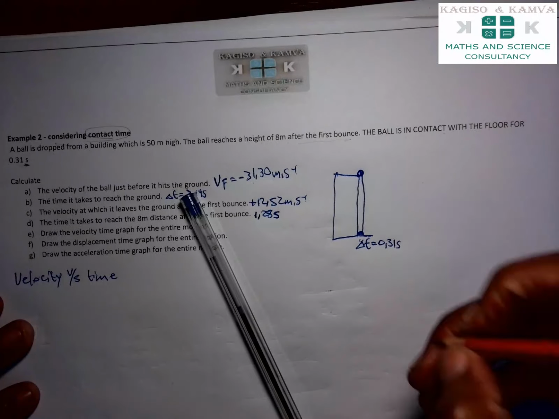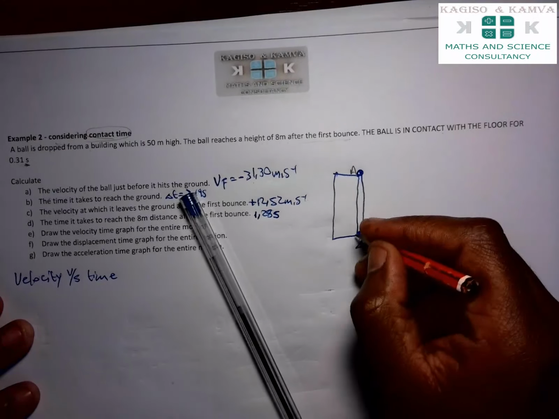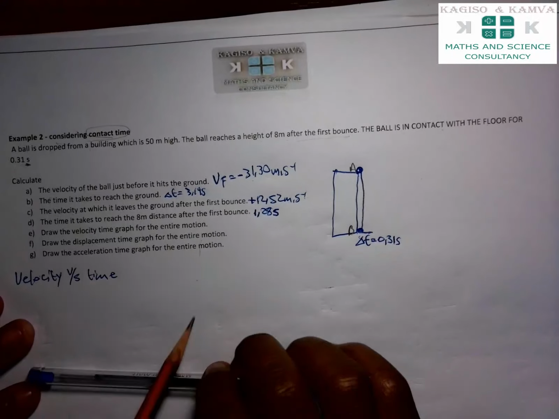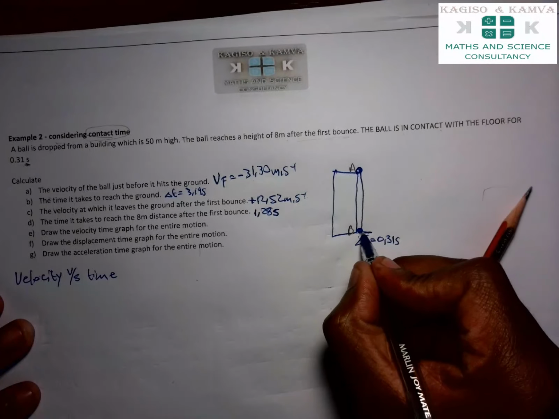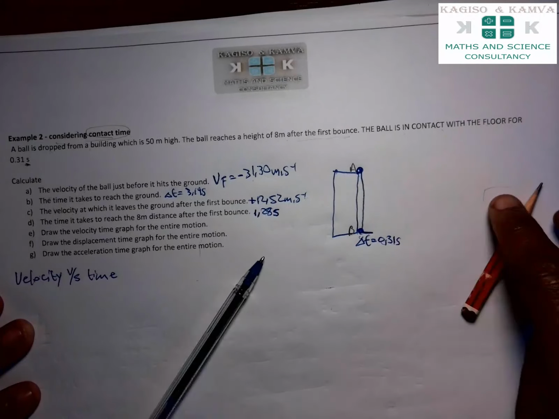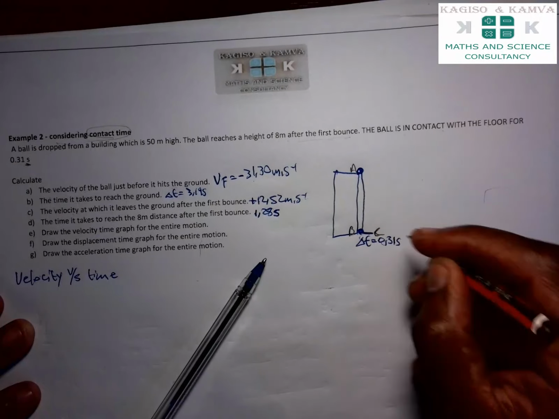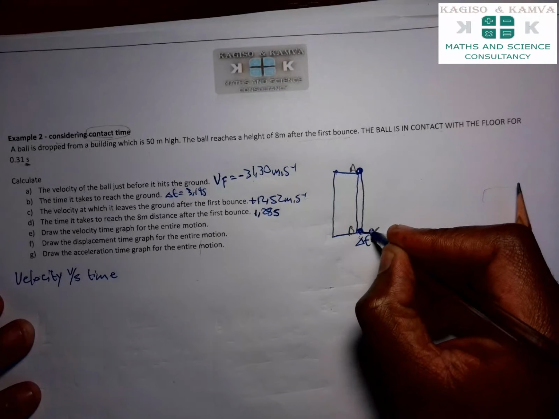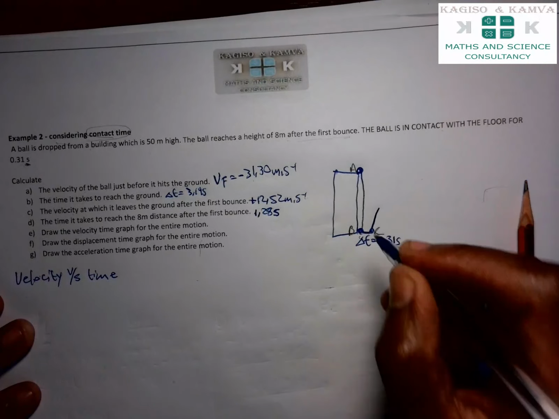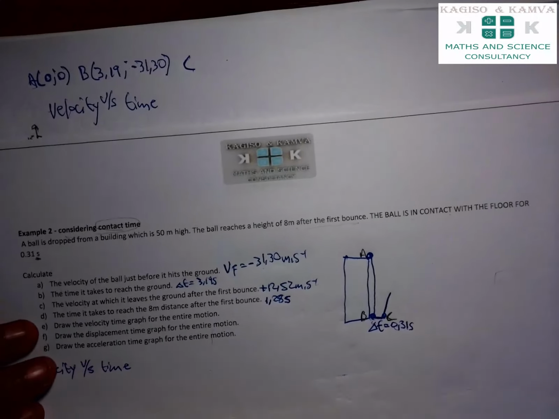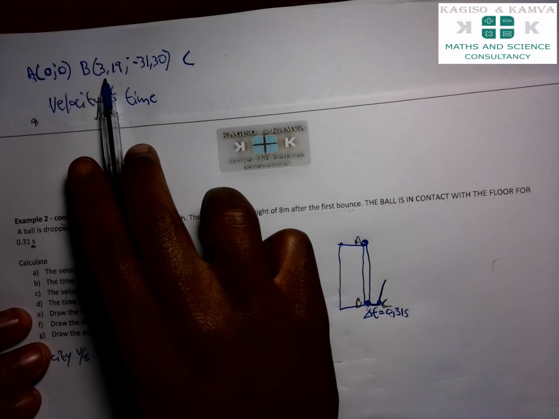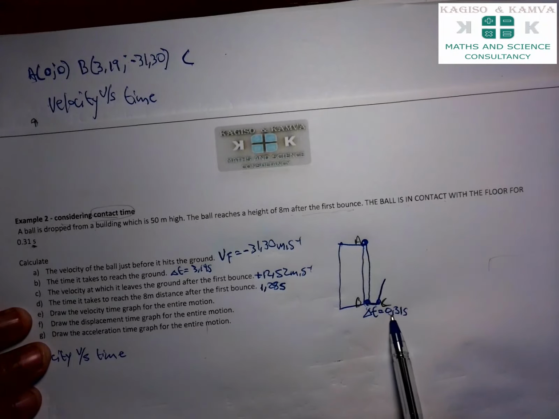So we are going to have A, B, and then the ball is still on the ground for 0,31 second. We are going to have C, and then it leaves the ground.